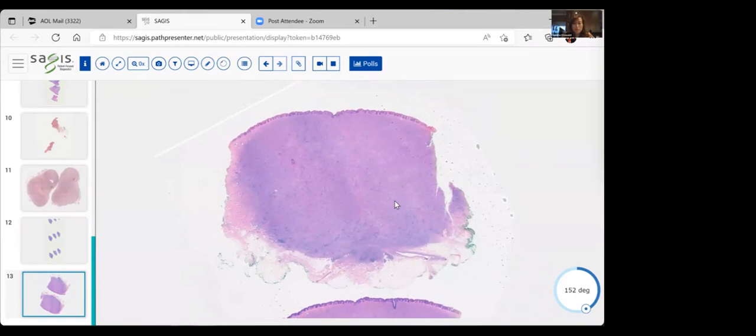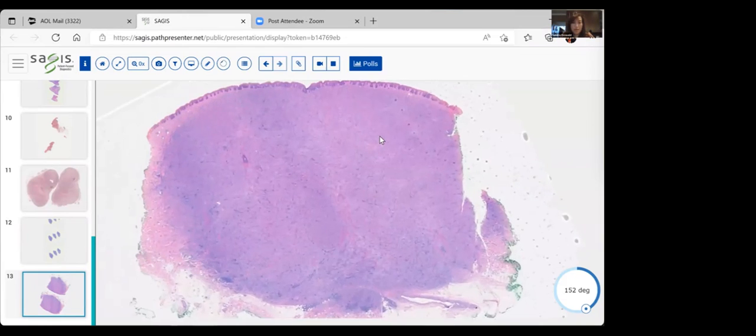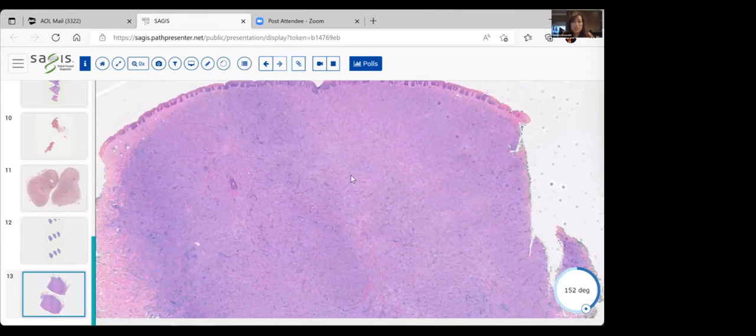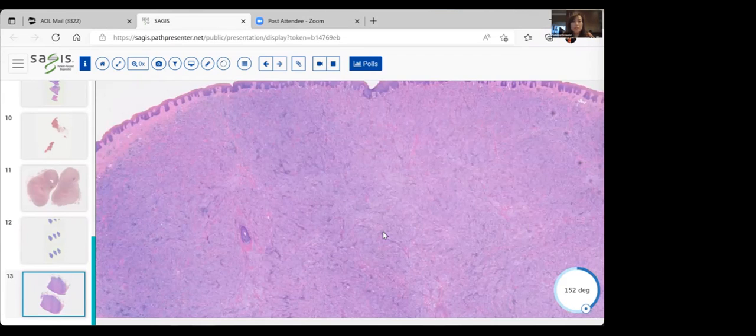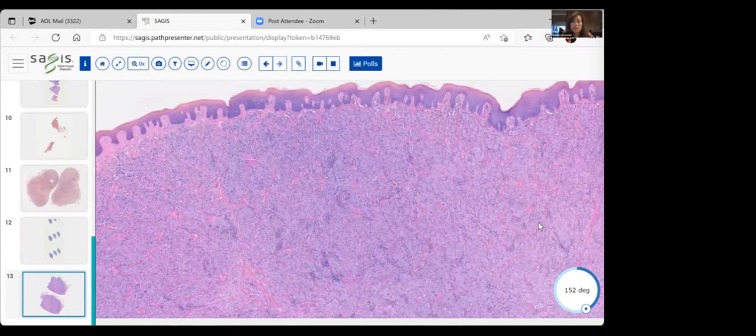This tumor has diffuse proliferation of large cells. You can see again, filling the dermis from top to bottom down to the fat. And we're going to go closer and look at these large cells. I'm going to take my time, that you see here, filled with large cells.